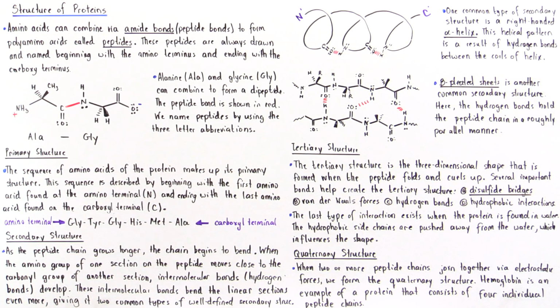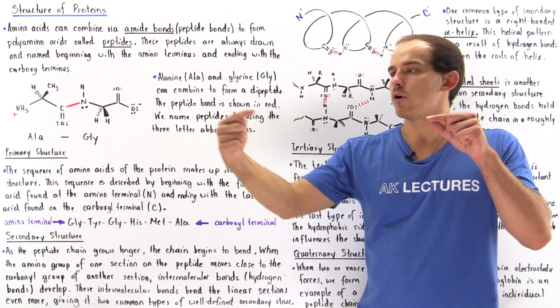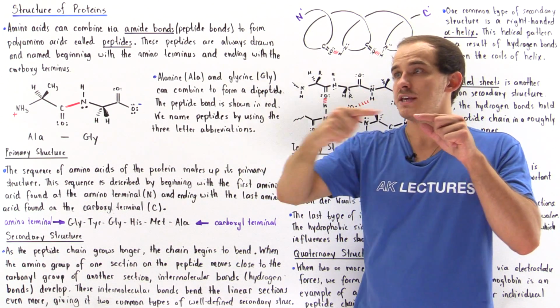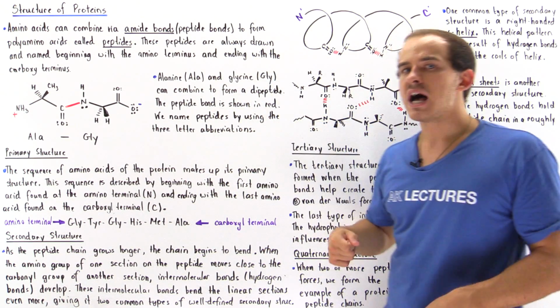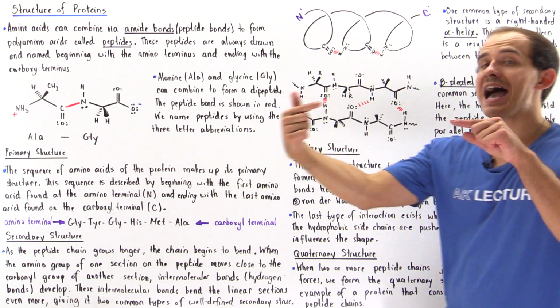Now, we also have a structure known as the alpha helix. And instead of forming these types of interactions, these types of bending, we basically have the bending around some type of structure, some type of axis.